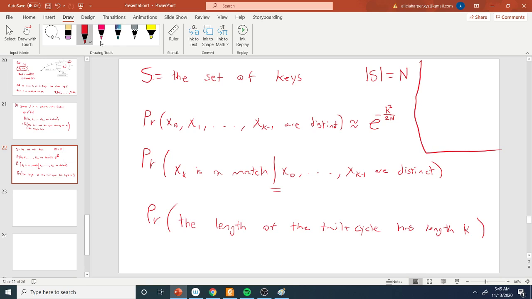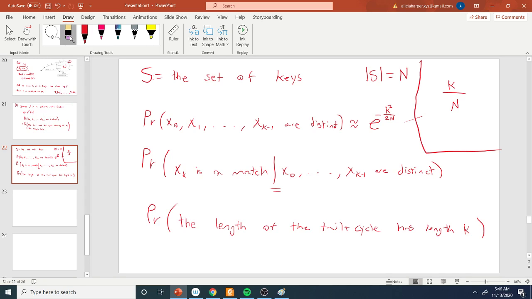Now we can analyze this. The way we analyze it is that we note that we have k elements here, and we have n elements total. So the chance, if our function is random, like we assumed, that our function at the kth element matches with x0 through x sub k minus 1 is going to be k over n. This is the number of elements that we already have in our list divided by the number of elements total.